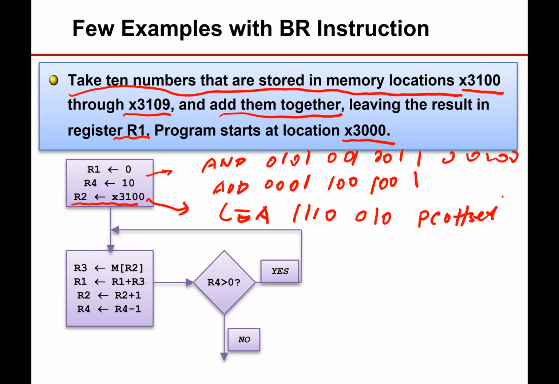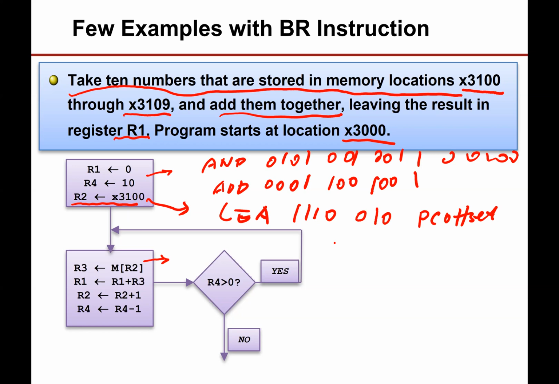Then for the second block, here it does not first go to the condition check block. Here this goes to the function block. This block is first using the same thing, right? Load the data stored at x3100 into a register.